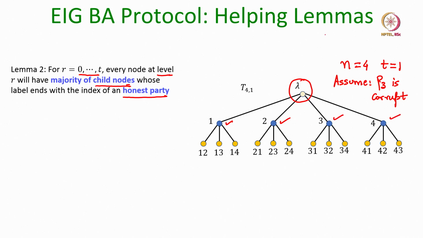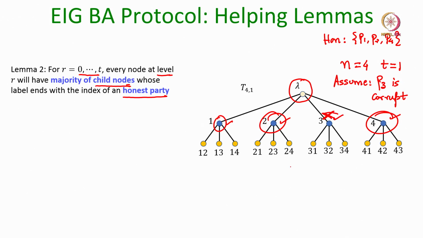So, if P3 is corrupt, honest parties are P1, P2 and P4. You can see that 3 nodes, namely this node, this node and the circle node at level 1, end with the index of an honest party, and only one node has a label ending with a corrupt party.